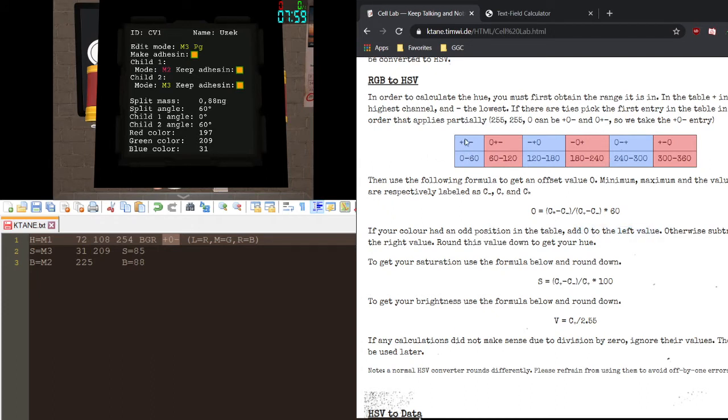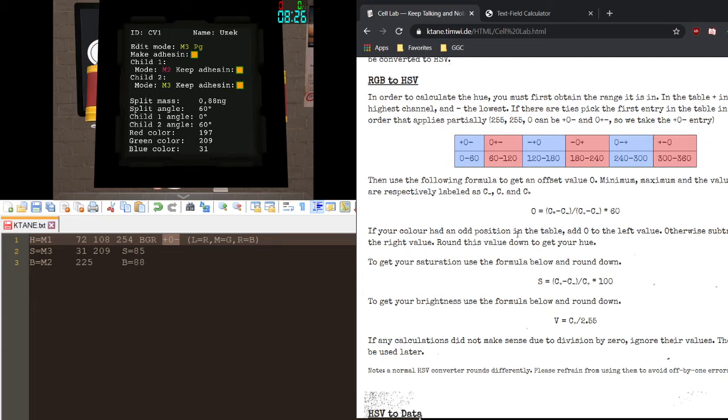So if this was the one that corresponds to the cell that needs hue, you would add O to 0. For this one, you add O to 120, and for this one, you add O to 240. However, if your cell had an even number in the table, which is this, this, and this, then you subtract O from the right value. So for this, it would be 120 minus O, 240 minus O, and 360 minus O.